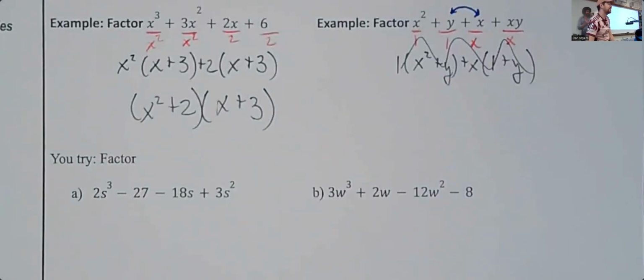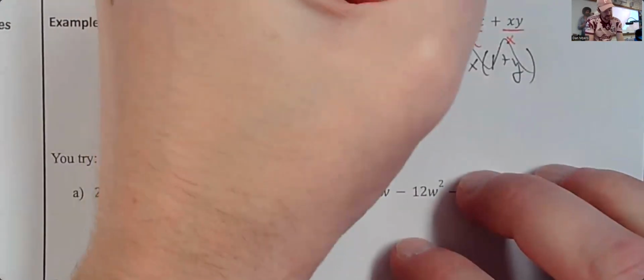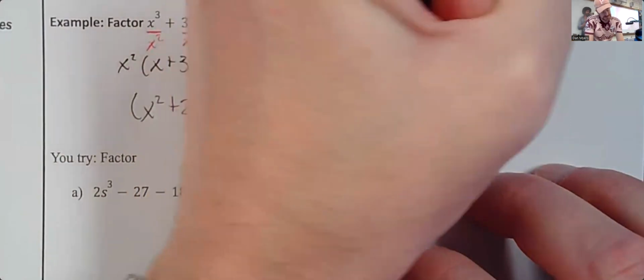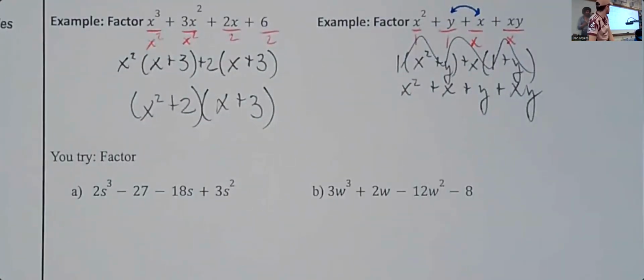I mean, we're allowed to do that because addition is commutative. It doesn't matter what order we write the addition, and the answer is going to be the same either way, which allows us to swap those around if we want to. And in fact, we actually need to if we're going to go ahead and factor this one. So let's go ahead and write it as x squared plus x plus y plus xy.